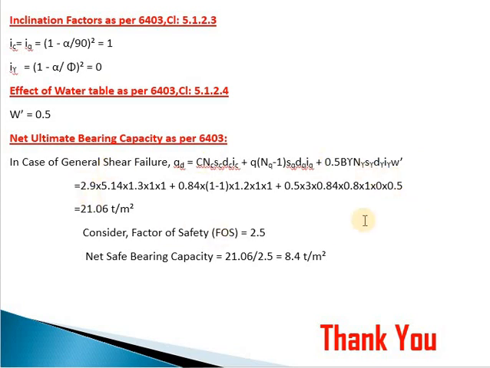By putting all these values, we get the ultimate bearing capacity in general shear failure equal to 21.06 ton per meter square. Now considering the factor of safety equal to 2.5, the net safe bearing capacity is equal to 21.06 divided by 2.5, which is equal to 8.4 ton per meter square.